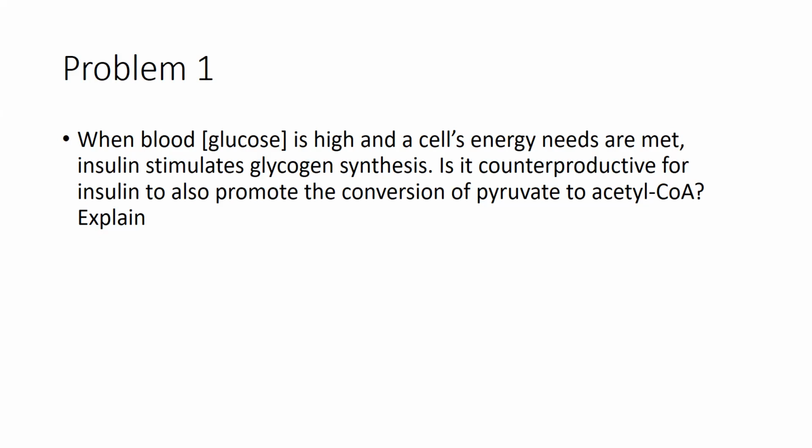Why does insulin do these two things? What is the logic of breaking down this pyruvate to acetyl coenzyme A, if we're already making glycogen, and we saw pyruvate can be turned into oxaloacetate instead to make glycogen as well?